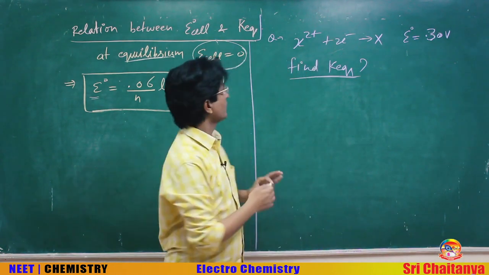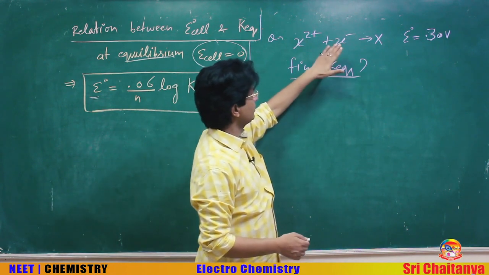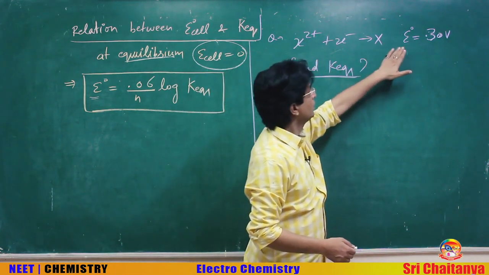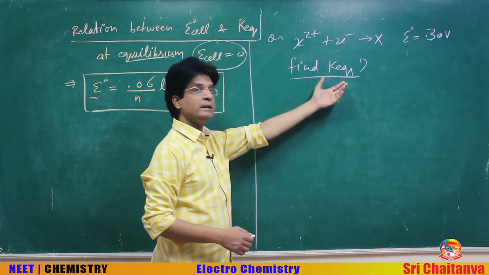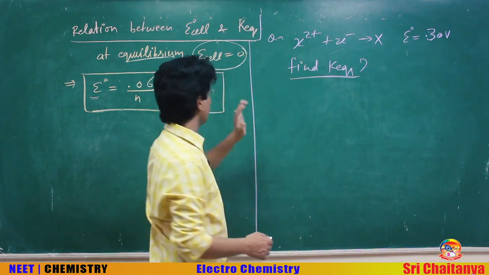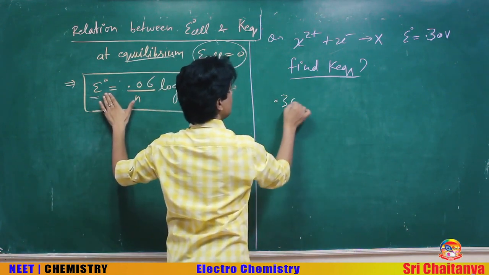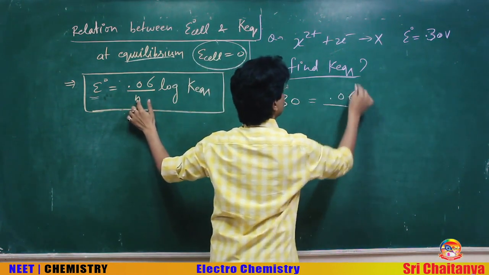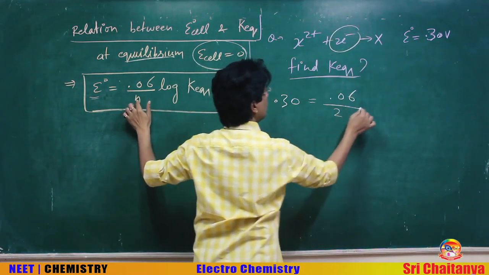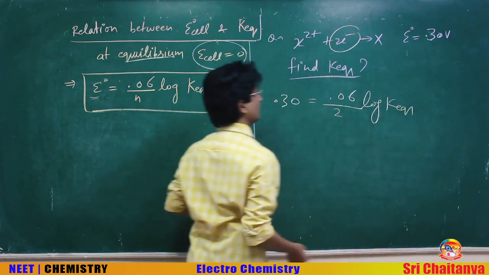Now see, we have a question on that. X2+ plus 2 electrons giving you X. E naught cell is given as 0.3 volt. Find the equilibrium constant. Direct question, simple question. So put it there. E naught is given as 0.30 volt equal to 0.06 upon number of electrons involved, 2, log of equilibrium constant.